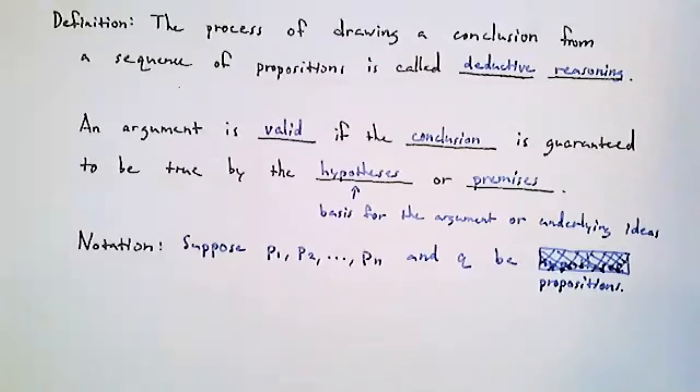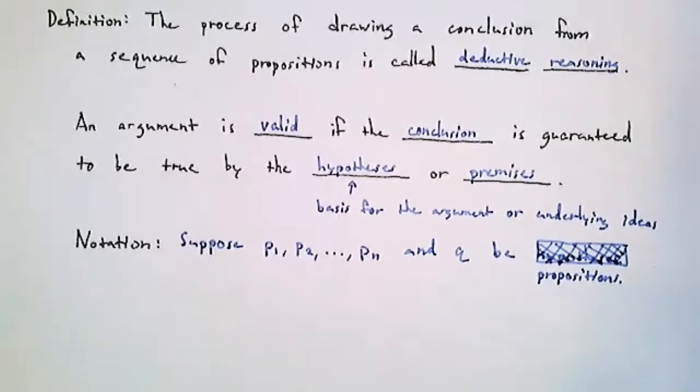So the conclusion and the hypotheses are flipped for deductive reasoning compared to the way that you would think about the scientific method. In the scientific method, the hypothesis is your guess, and you're trying to determine whether your guess is false or not. That's why it's a little bit backwards.